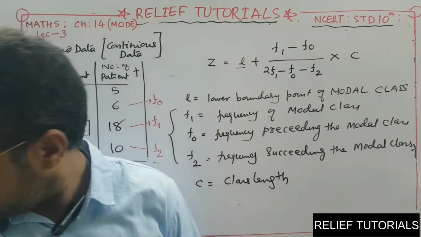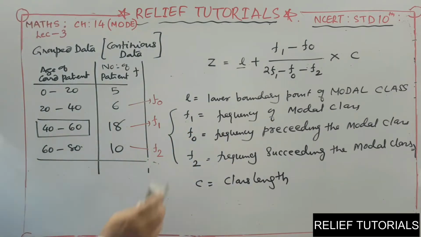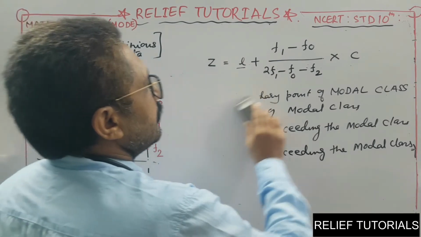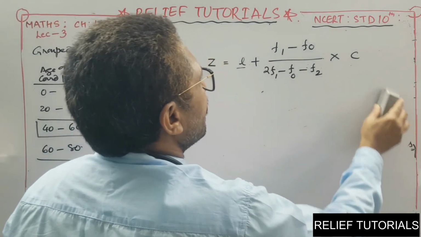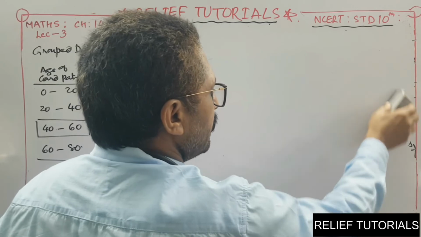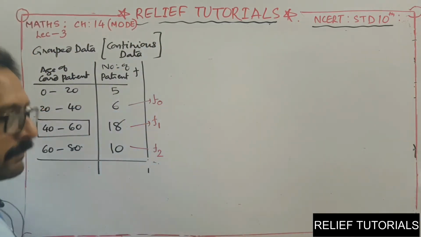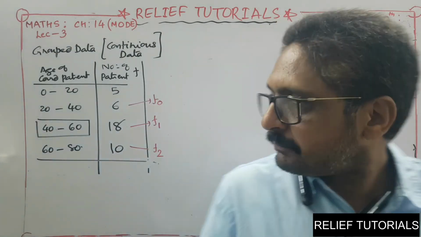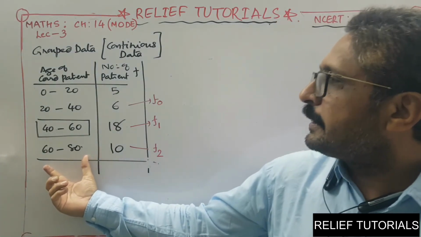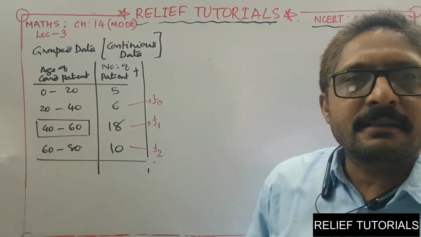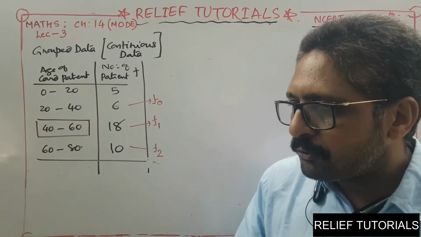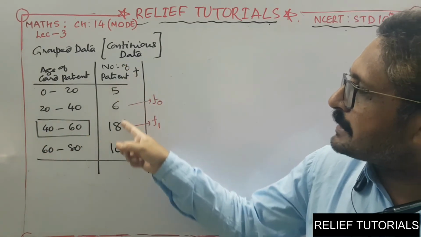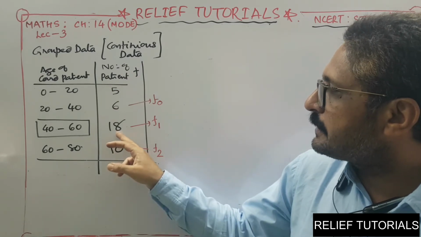Now I'll run this. Whenever data is grouped data with continuous classes and equal class length and you want to find the mode, first you find the maximum frequency, which is 18.